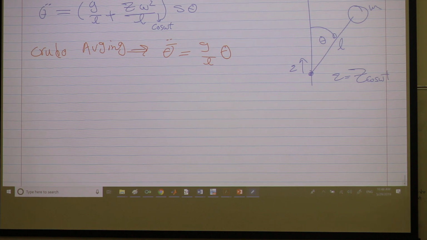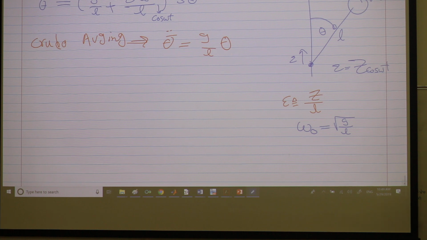So we need to define our epsilon. If we're saying that it's small amplitude, so Z divided by L, I will define this to be my epsilon. Also, what is the time scale of my dynamics? This is the pendulum. If there is no oscillation, it goes on its own with the natural frequency omega naught, which is square root of G over L. My frequency must be much higher than omega naught.